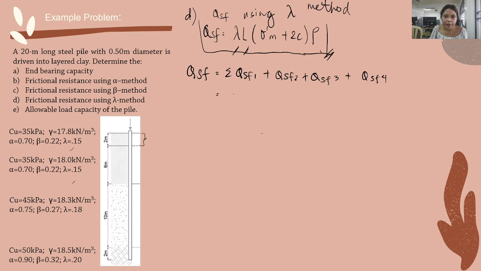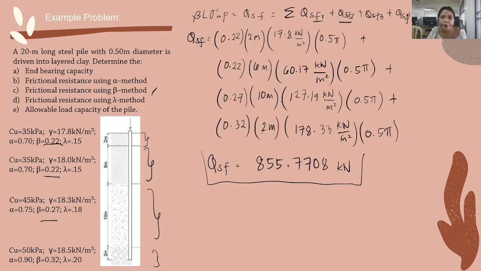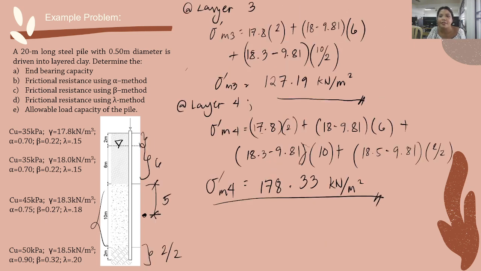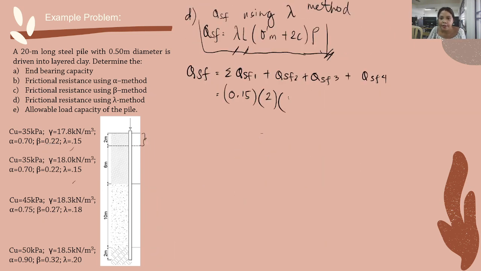So, at layer 1, you have 0.15 na delta multiplied by length is 2 meters. Multiplied by your effective stress at 0.1 is 17.8. Okay? So, 17.8 plus 2 times ng cohesion, 35. Multiplied by perimeter, 0.55.